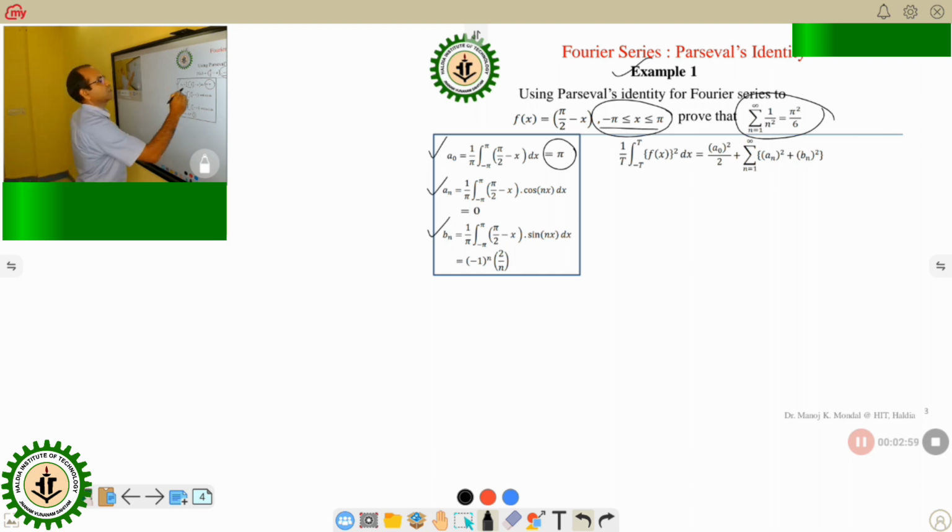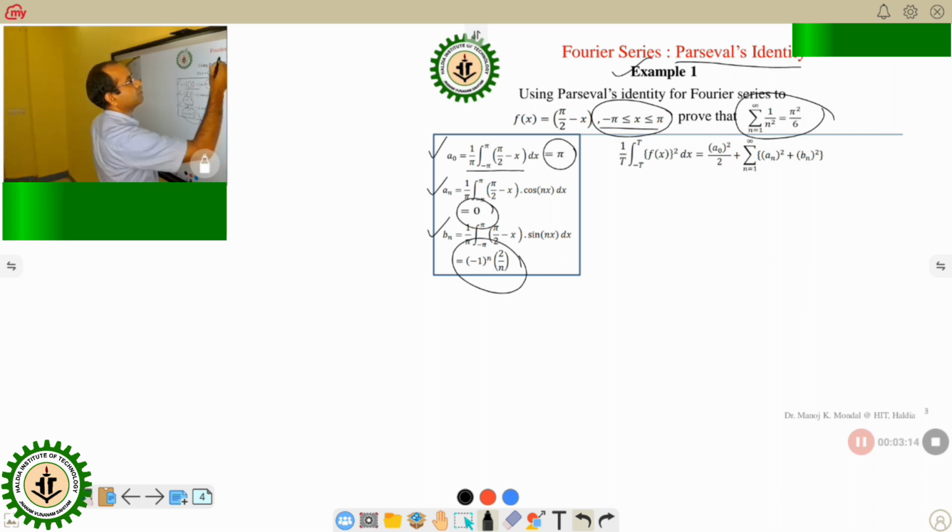In that process we can easily find the values of the Fourier coefficients. Here an and bn also take these values. So the next question is, what is Parseval's identity? Parseval's identity for the Fourier series, full range series, this is the general formula.